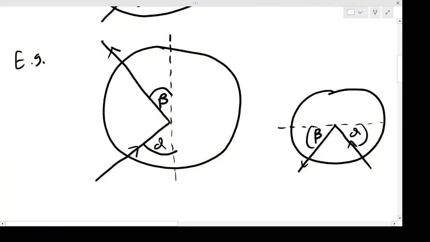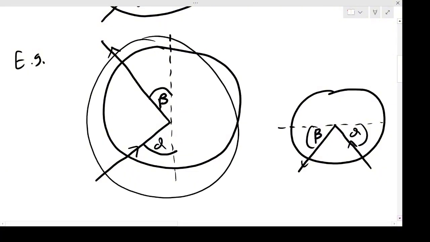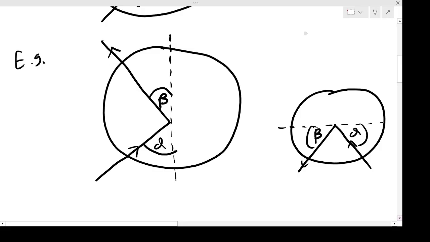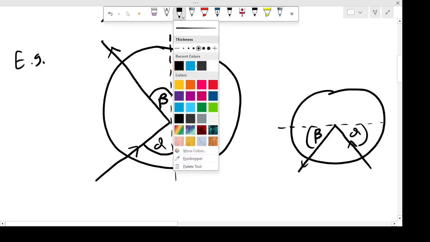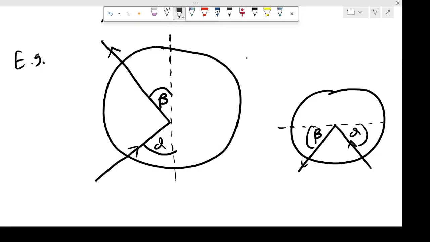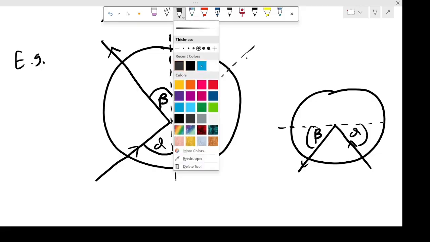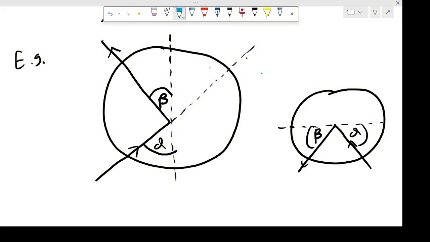Now, no matter which diagram you use, though, if you extend the original direction, so let's say here, the angle deflection is going to be here, right? Okay, that's all going to be theta.